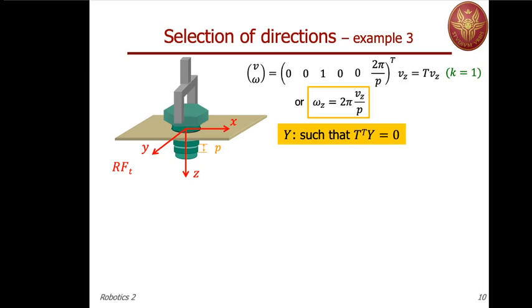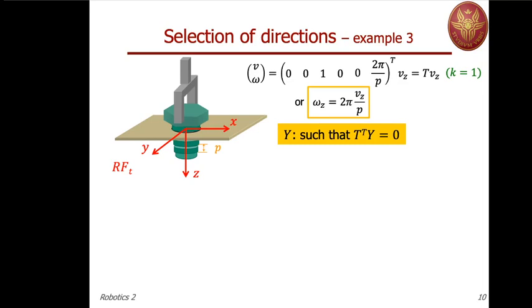Now, how do we complete the 5 directions along which the environment can react? Remember that the sum of the free motion directions and of the reaction directions should sum up to 6.